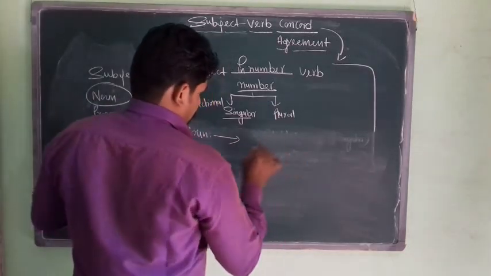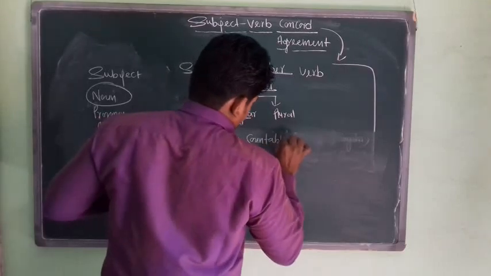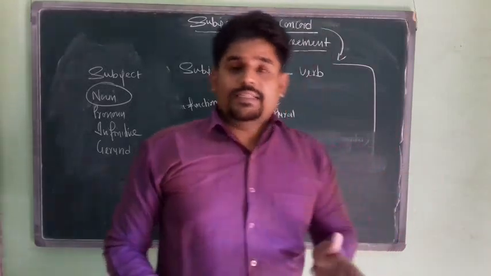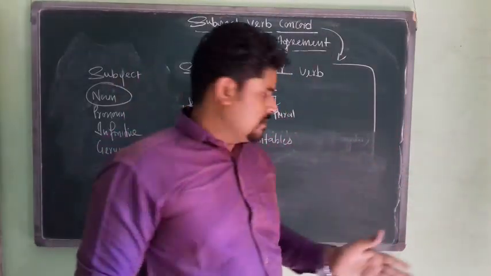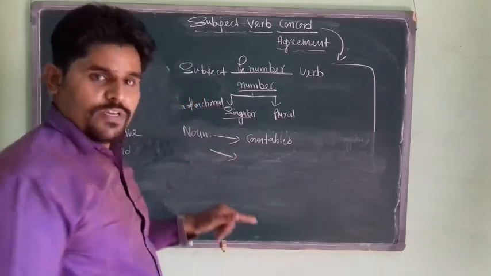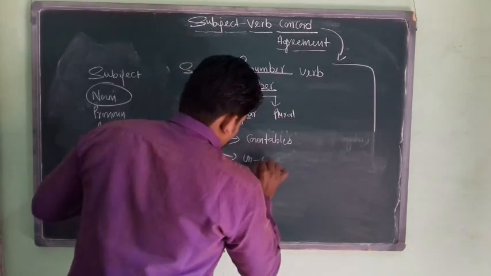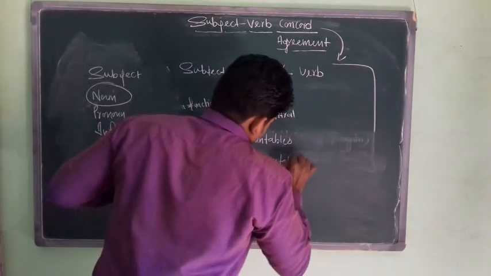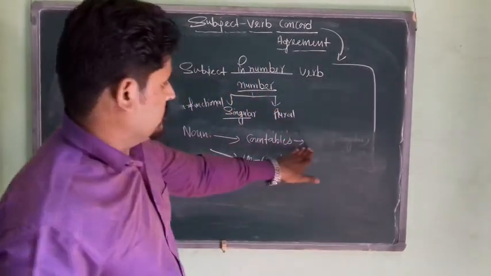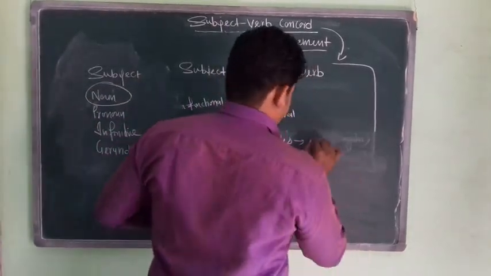Nouns can range from two categories. First is countables. Such nouns as can be counted are known as countables, and the nouns which cannot be counted are called uncountables. Okay, students, let us now take a few examples of countable nouns. Countable nouns are pen.